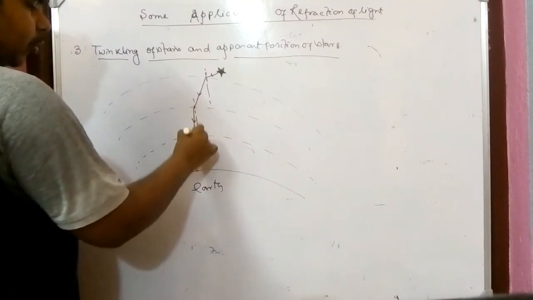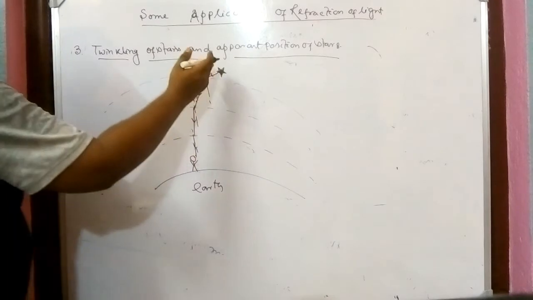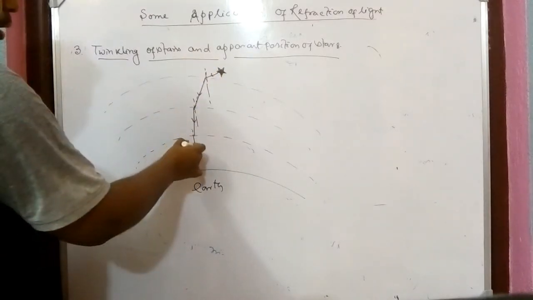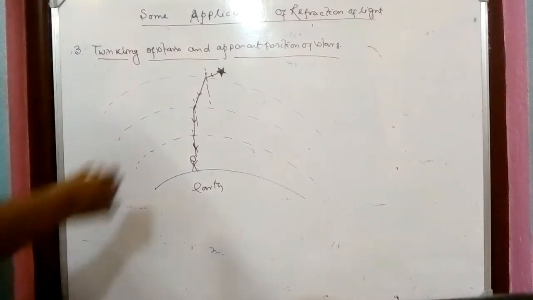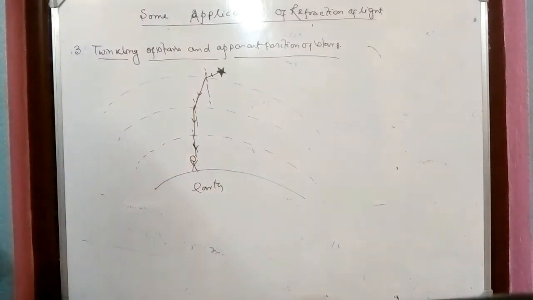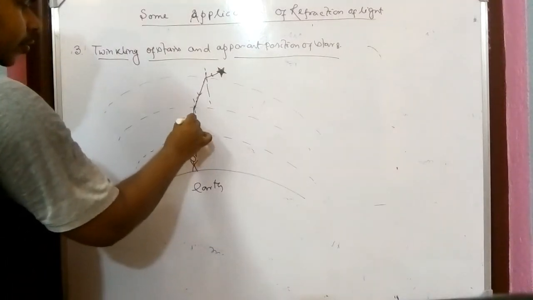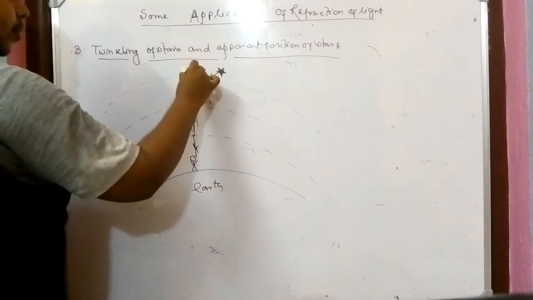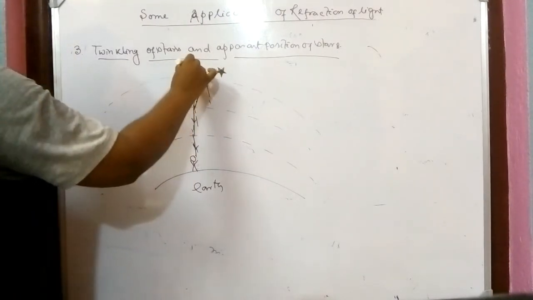So the light from the star is coming by this path. As it is coming from rarer to denser, it will move continuously towards the normal. So you see the path of the light ray bends, but we cannot follow the bending path. So what will we see? We will see in a straight line, and we will feel it is the position of the star.